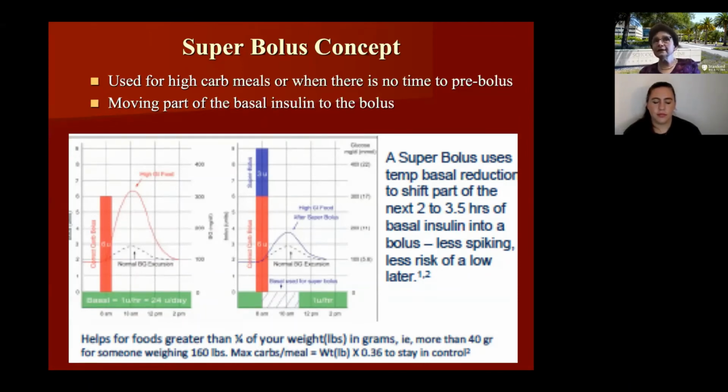You can set your temp target, for example, on the Medtronic pump, or you can set your exercise mode on your Control IQ, or you can do different overrides on the Loop. But if you are eating something like Chinese fried rice, you're going to spike really quickly. So to avoid that spike, instead of 60 grams, just enter 80 grams, but lower your basal rate at the same time. So your first portion of the bolus would be covered. That's the concept of the super bolus.